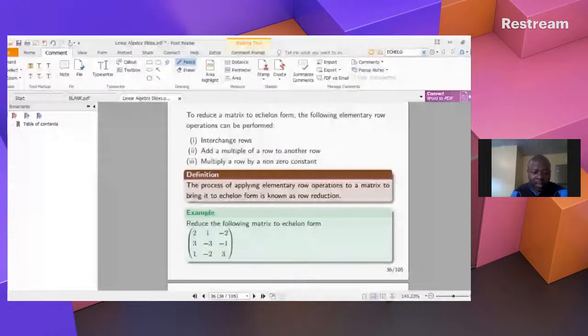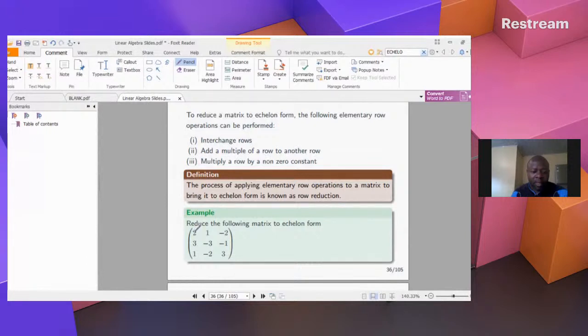Let me just repeat the steps. What we're supposed to do is, first of all, make this the only non-zero element in this column. I can also try to make this a 1, or just use it the way it is as a 2.